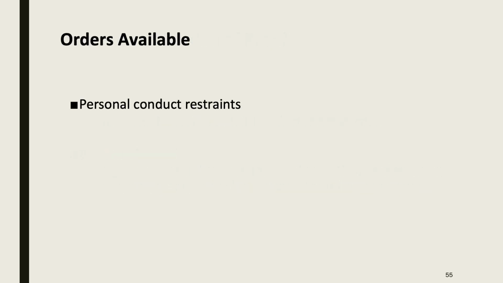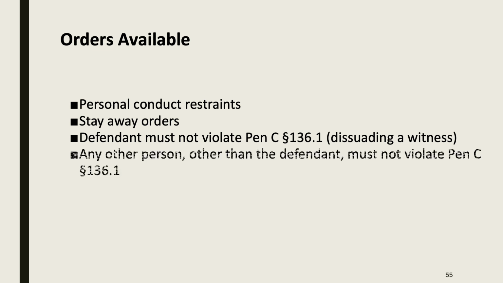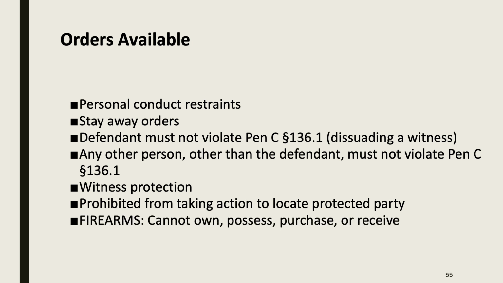Well, there are personal conduct restraints, stay-away orders, and orders that the defendant not violate Penal Code 136.1, which is dissuading a witness. And any other person other than defendant must not violate Penal Code 136.1 either. Witness protection orders, orders that prohibit the person from taking action to locate the protected party.